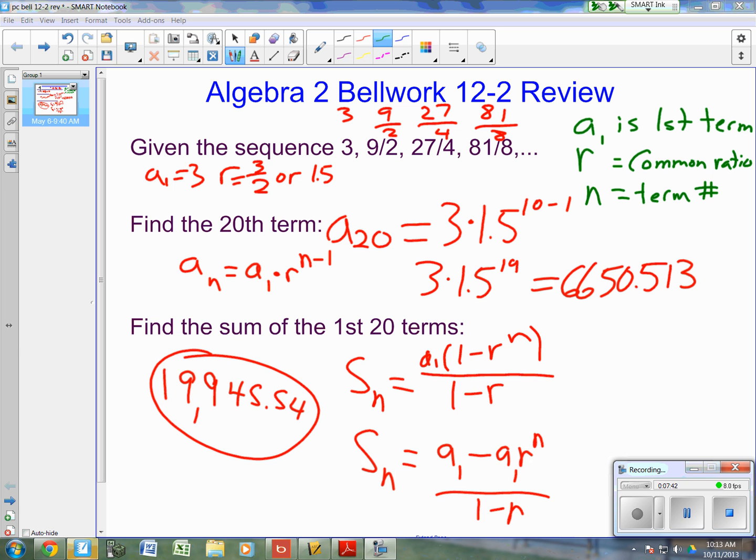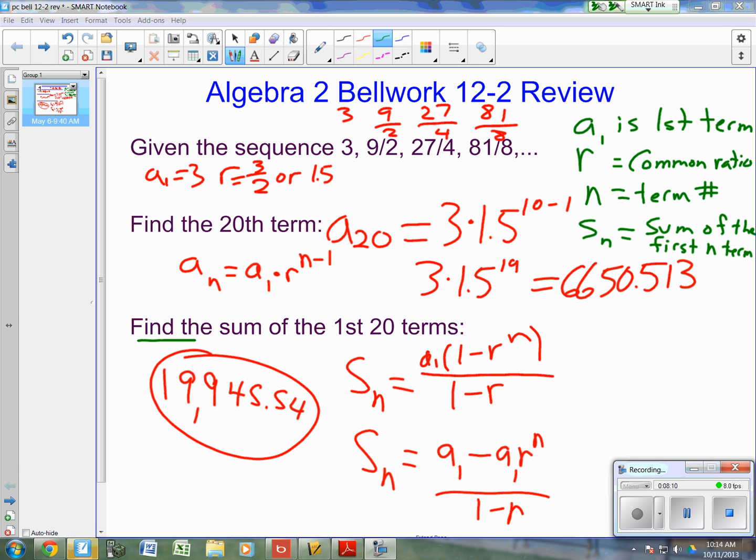Okay, what does S sub N stand for? Yeah, the sum of the first N terms, right? Okay, S sub N means the sum of the first N terms. So if I want to find the sum of the first 20 terms, I write S sub 20. That means find the sum of the first 20 terms.